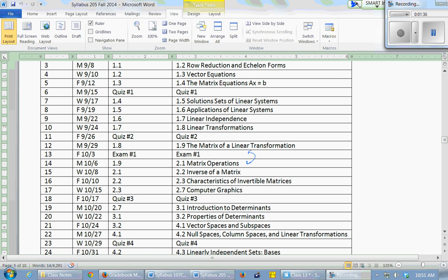We just did that one little thing about the migration matrix in 1.10. So basically all of chapter 1. I did give you a study guide with practice problems and solutions last class. If you don't have that, you can ask me for it after class. It's also posted in Moodle.